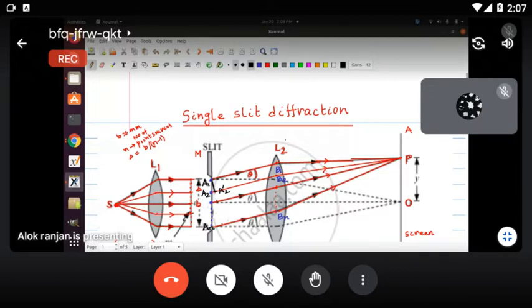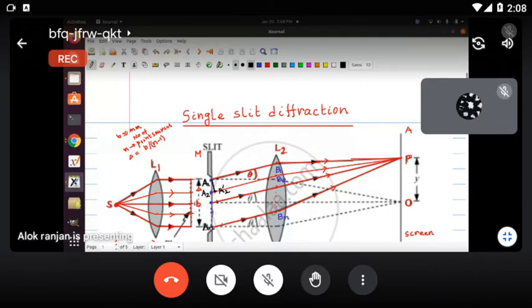And then we also saw that single slit diffraction, which is Fraunhofer class of diffraction, is easier to achieve and also therefore easier to study. So in today's lecture, we'll be discussing the theory behind diffraction through single slit diffraction experiment.